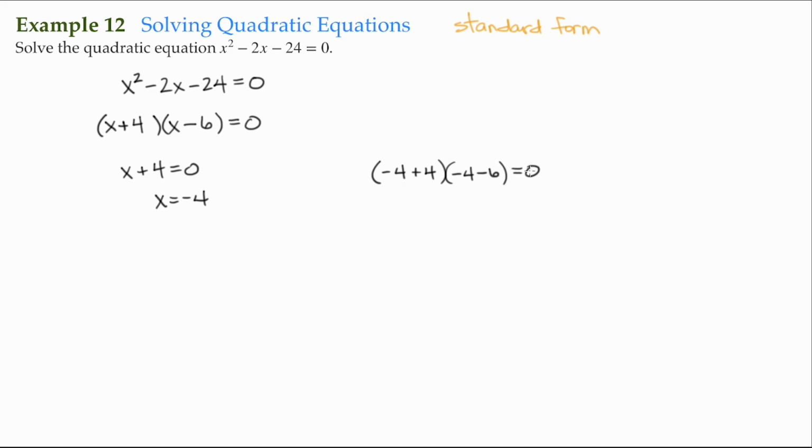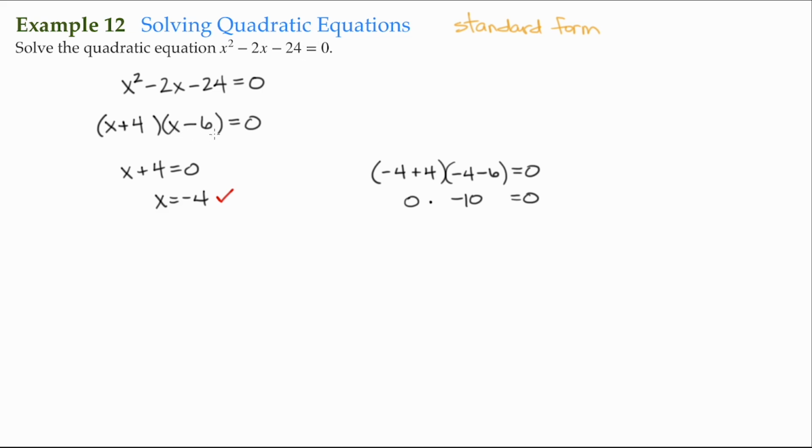Does that equal 0? Yes, because 0 times negative 10 is 0. So x equals negative 4 would be one of the solutions to this quadratic equation.